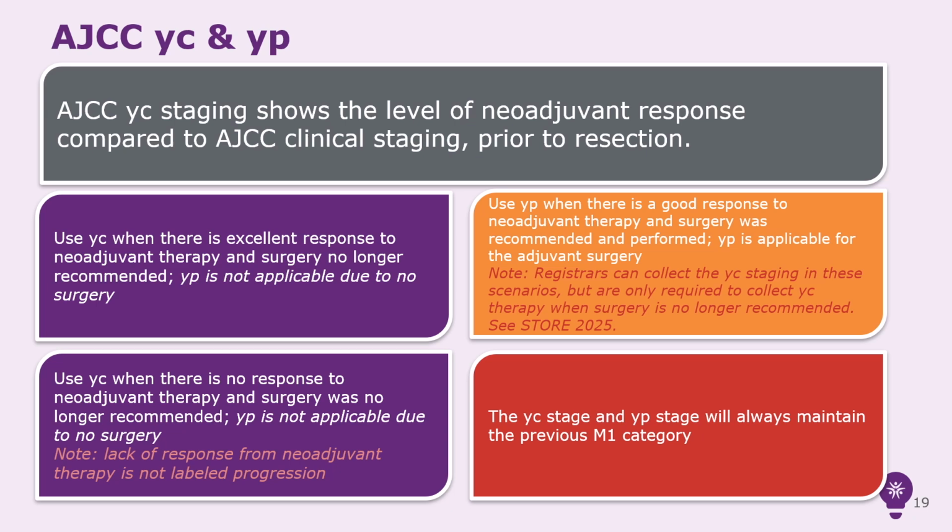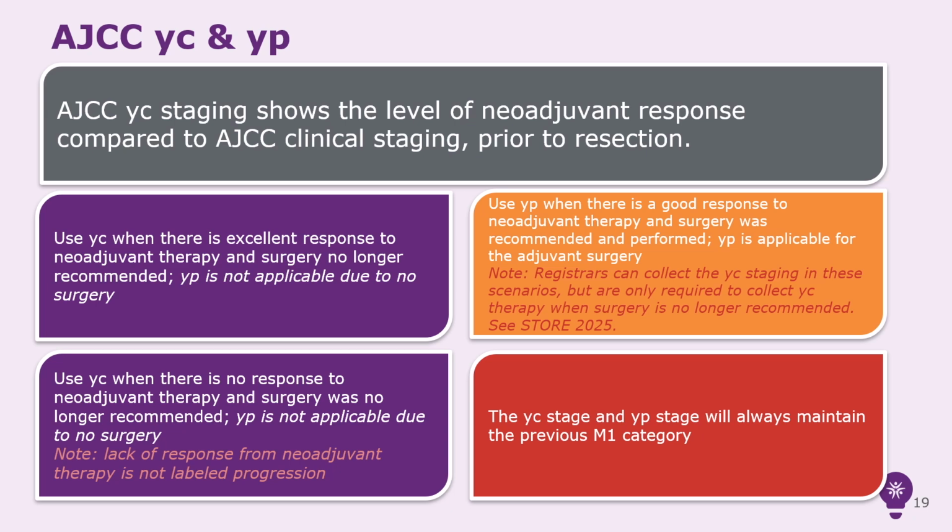The thing to remember here is that since surgery is no longer recommended, we don't have to see the actual excellent response terms being used. We use AJCC clinical staging when there is no response to neoadjuvant therapy and surgery is no longer recommended. The lack of response from neoadjuvant therapy is not labeled progression unless the physician states it's progression.